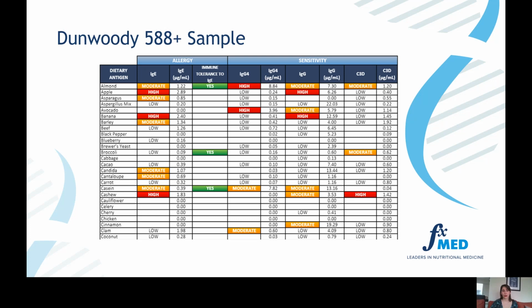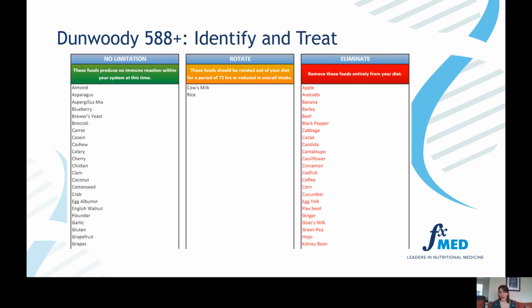Now, Dunwoody does a really cool thing in terms of identifying and treating. We have identified some of the foods that are causing inflammation in the body, giving us an immune system reaction. Dunwoody does 2 different advice plans about how to address the reactions. They do both a more restricted and a less restricted plan, so that you can decide based on the needs of the client.